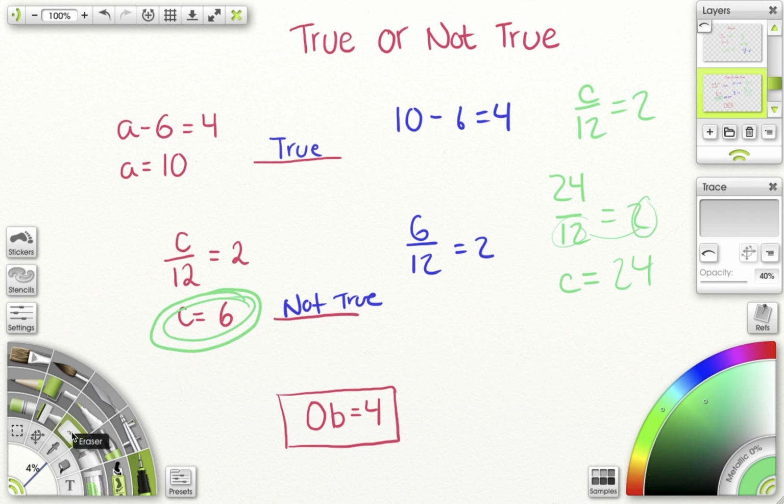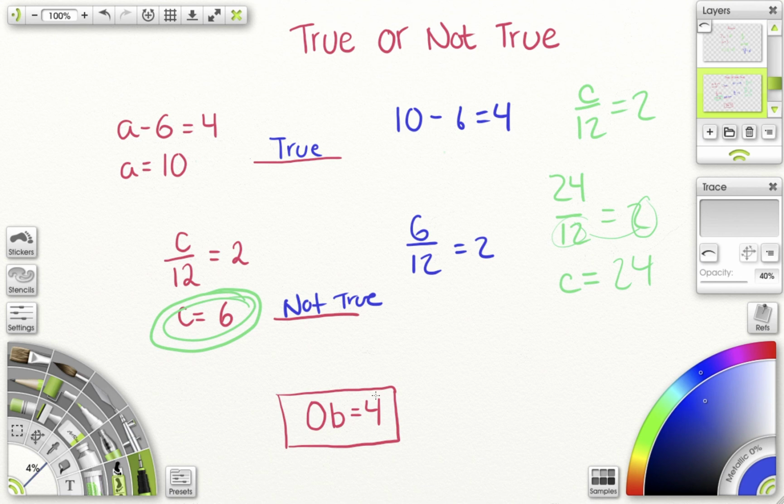Okay. Now we have our last problem right here. 0 times b equals 4. Is this statement, for one, true? Can something times 0 ever equal 4? No. So can I ever do 0 times something to equal 4?